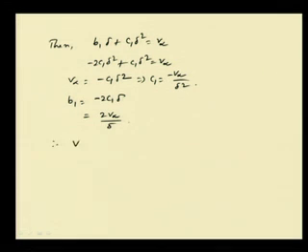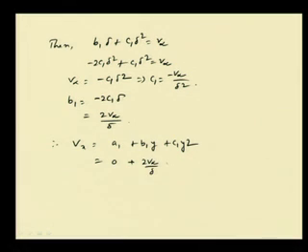So, V x is equal to A1 plus B1 y plus C1 y square, where A1 is equal to 0, B1 is equal to 2 V infinity by delta, and C1 is equal to minus V infinity y square by delta square.